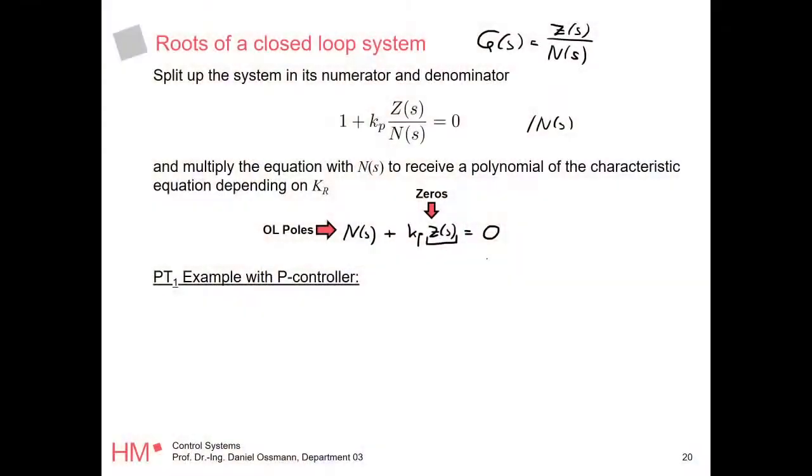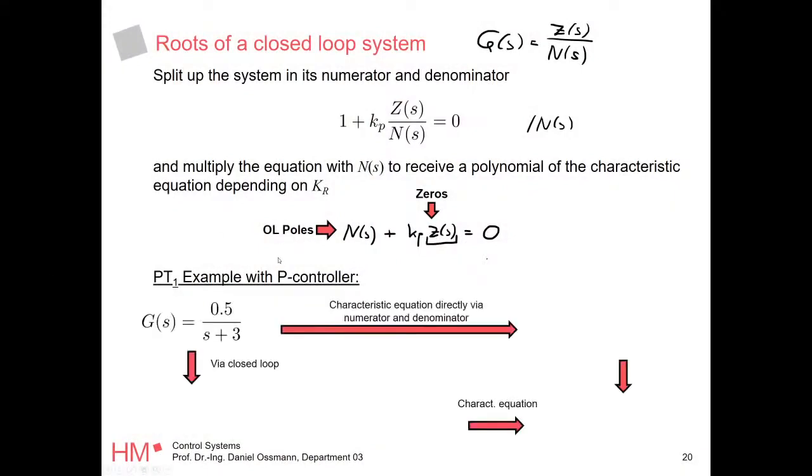Let's show it. Let's say we have a G of s of 0.5 over s plus 3. We want to close the loop and put around it a controller gain Kp. This Kp can be any number now.